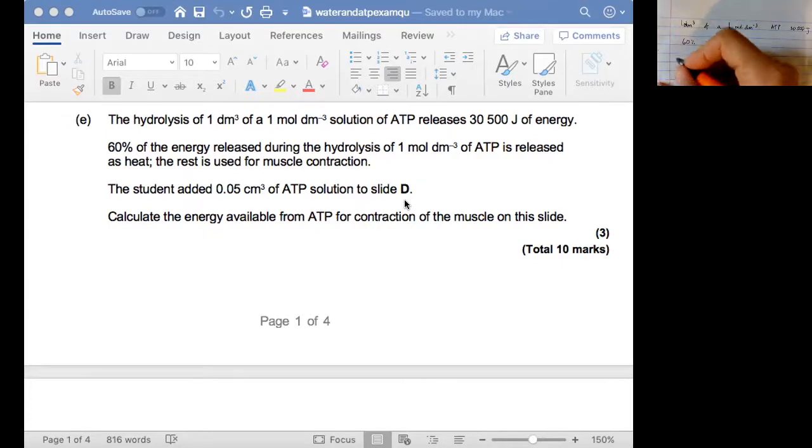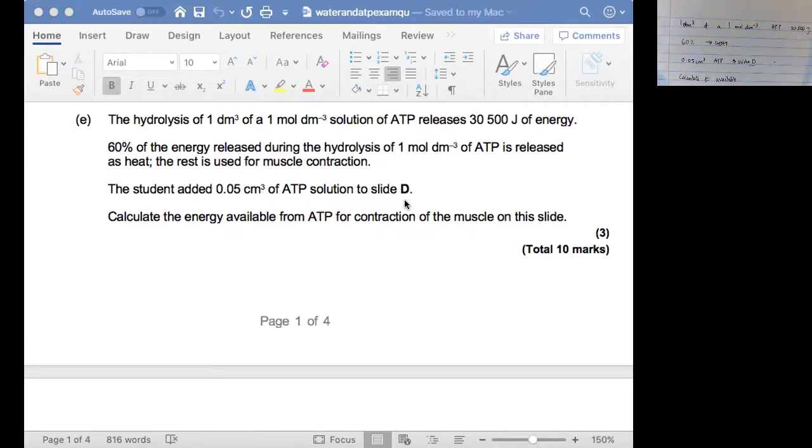In our investigation, the student added 0.05 centimeters cubed of ATP solution to slide D. So we're looking at slide D. And the question we're being asked is to calculate the energy available for contraction on slide D. Okay, so that's the information that we have.